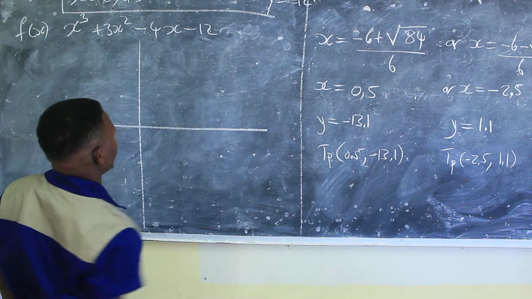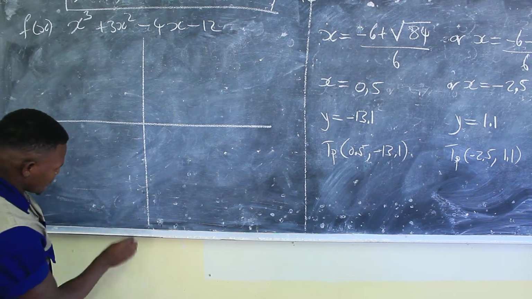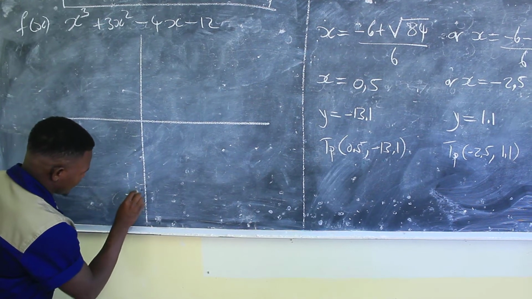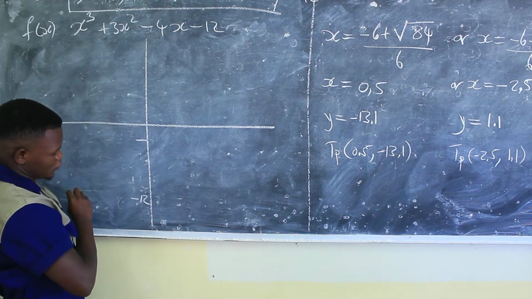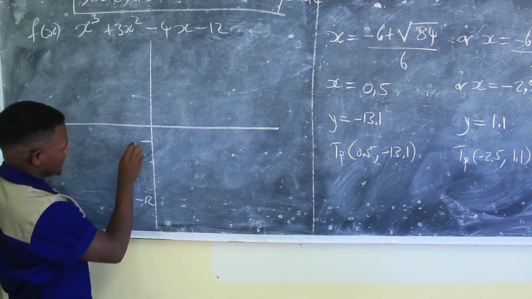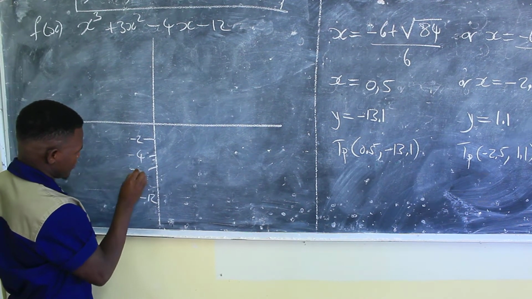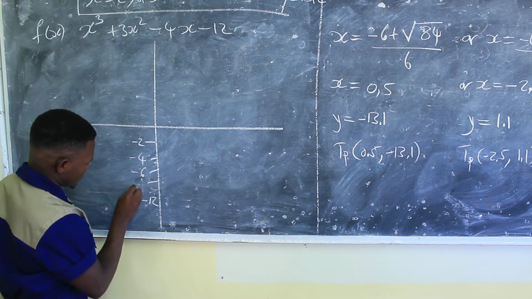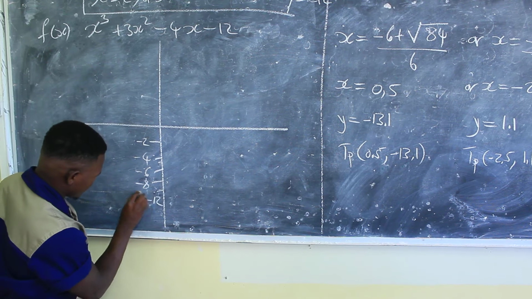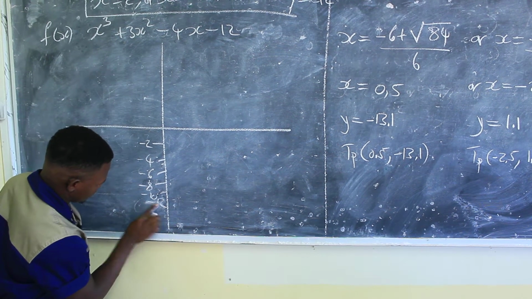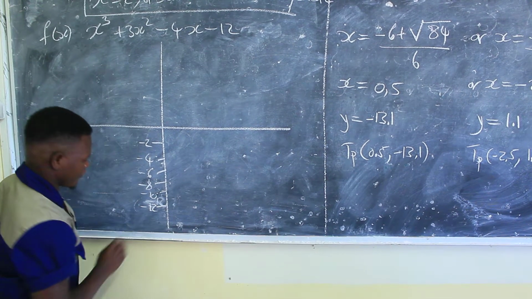Here we deal with intervals. So if I will have negative 12 here, let me say, I'll count in twos. If we have negative 2, negative 4, negative 6, negative 8, and then negative 10, negative 12 must show.